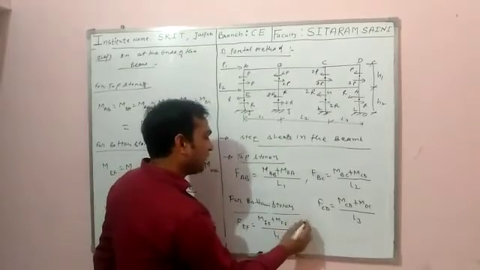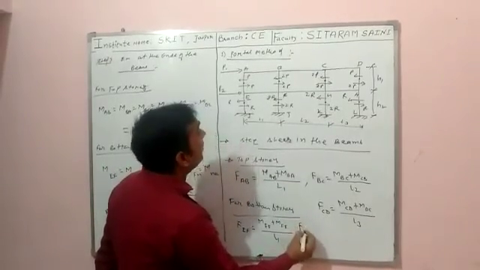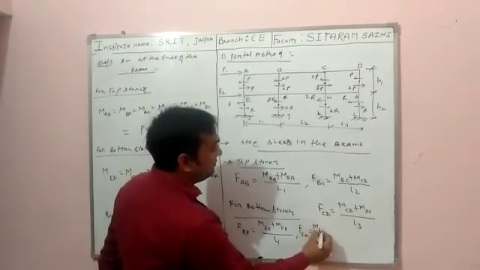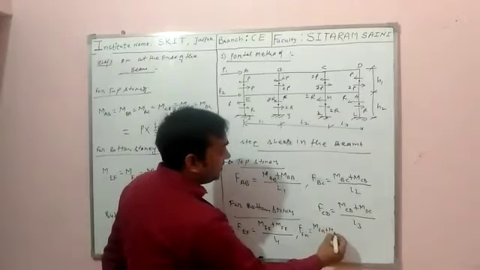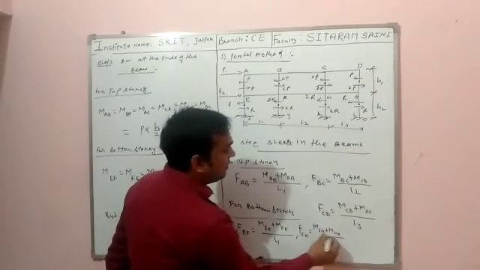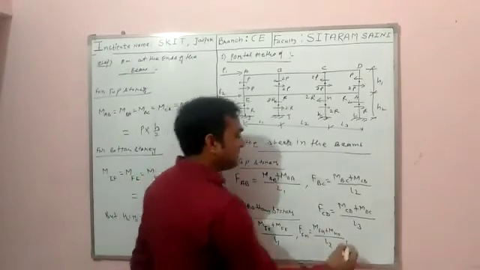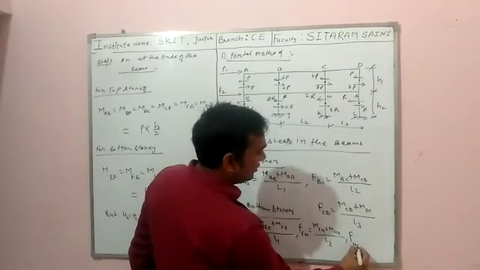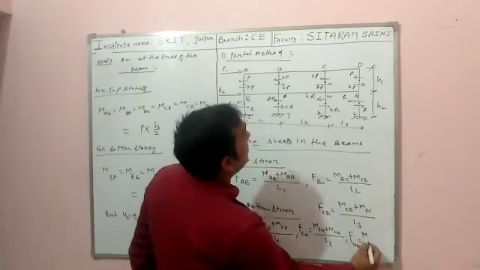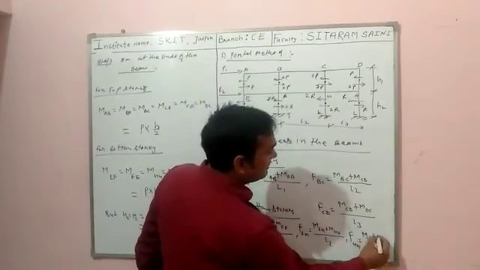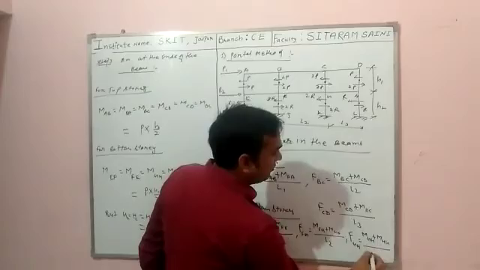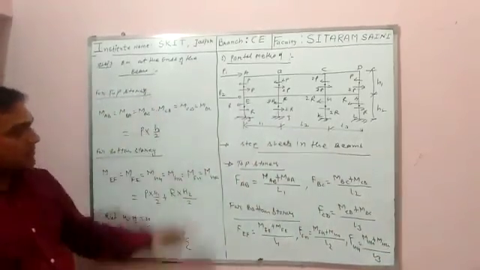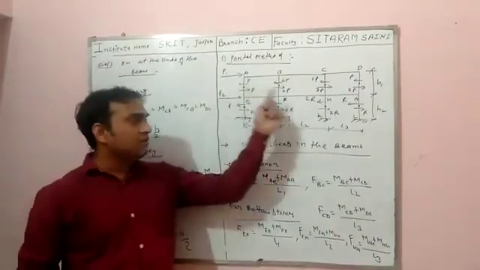Next, shear FFG equals MFG plus MGF upon L2, and lastly FGH equals MGH plus MHG upon L3. In such a way, we can calculate shear in all the beams.